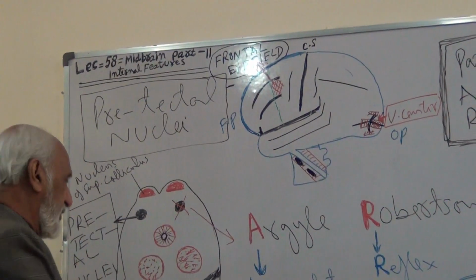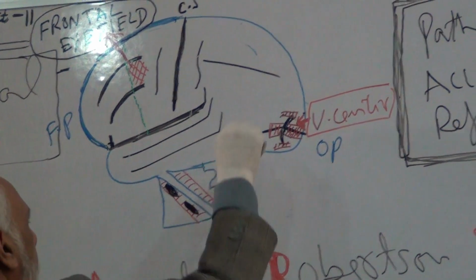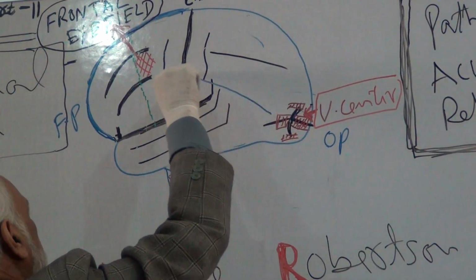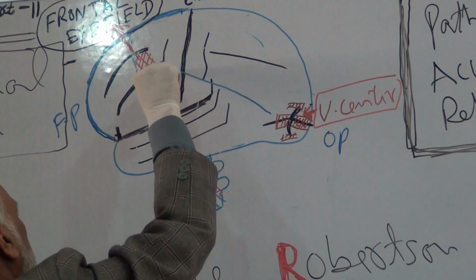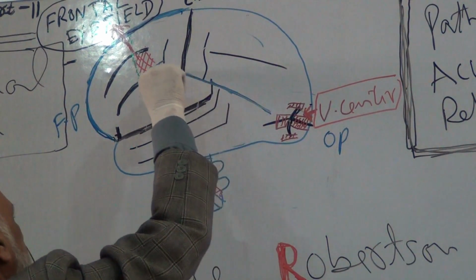So from the visual center, a bundle of association fibers arises in each cerebral hemisphere, which enters the frontal eye field.